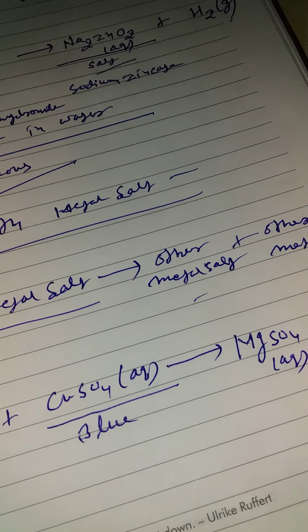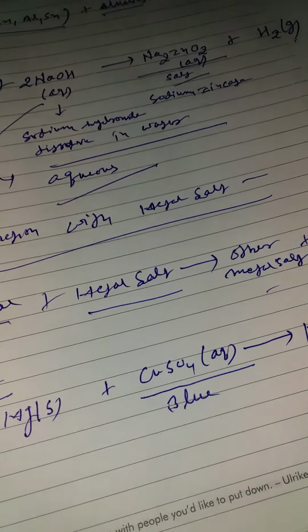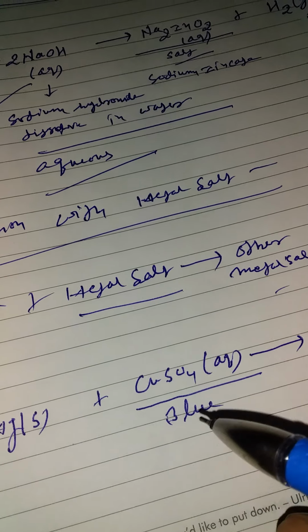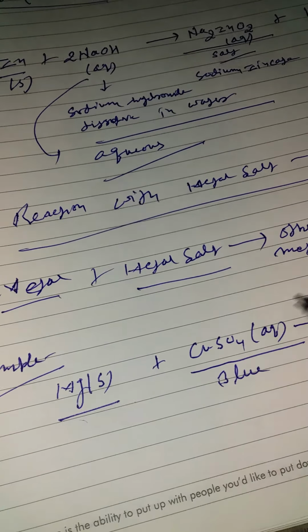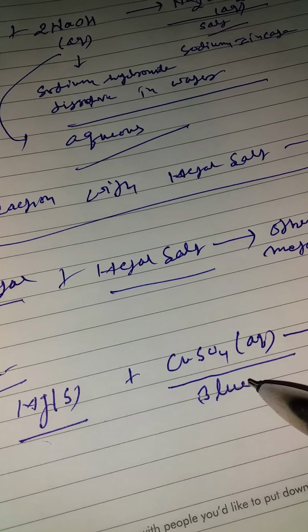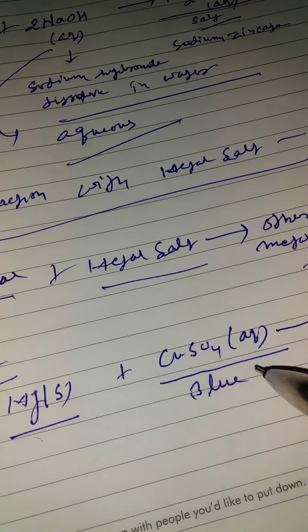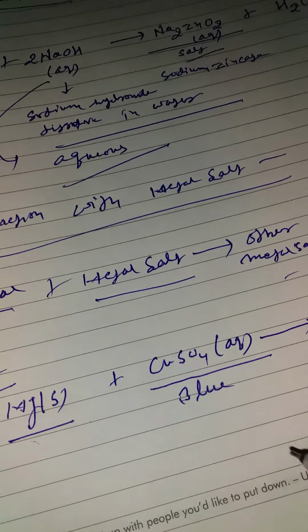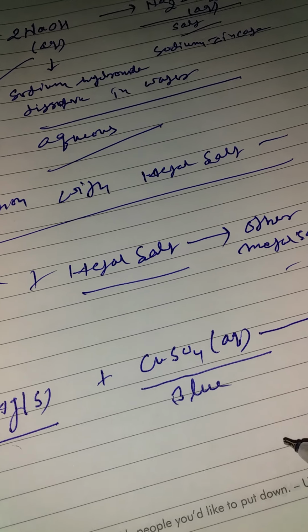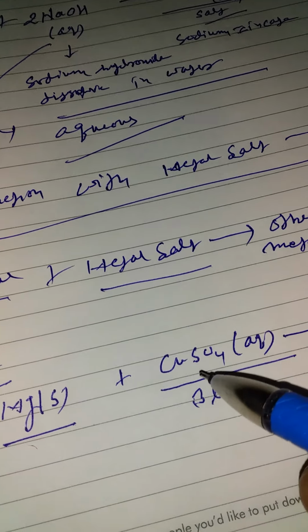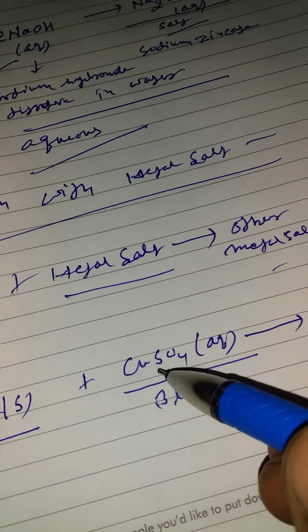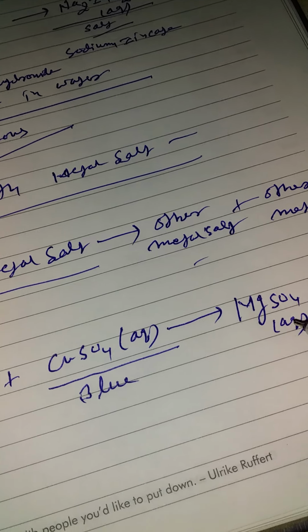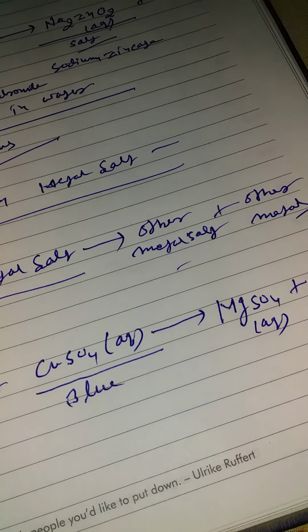Here we see that when magnesium kept into copper sulfate solution, this magnesium displaces copper to form magnesium sulfate and copper.